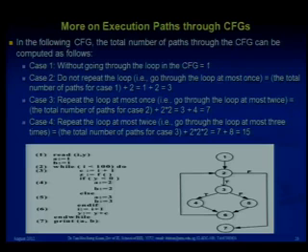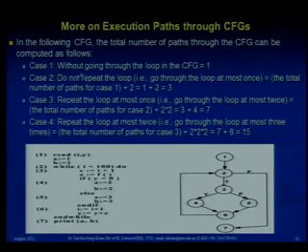Now we want to see an example to show you how to study some more properties in the control flow graph. Again, the same control flow graph. Although there are an infinite number of paths in this control flow graph, we study a few cases here.